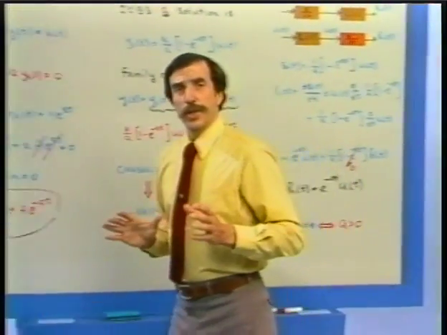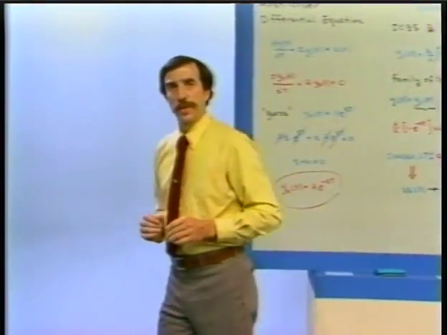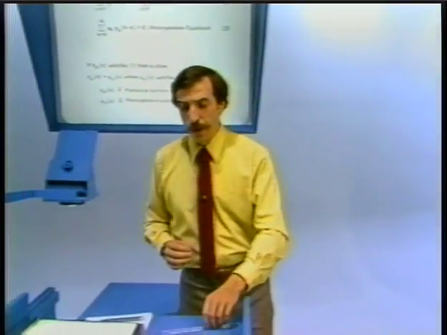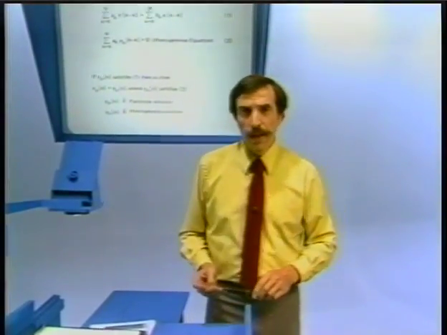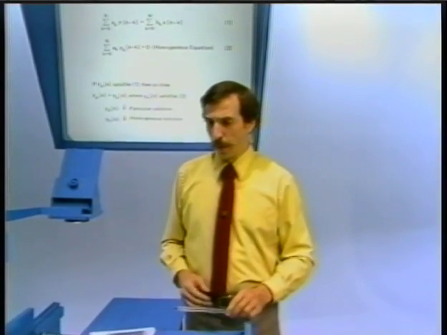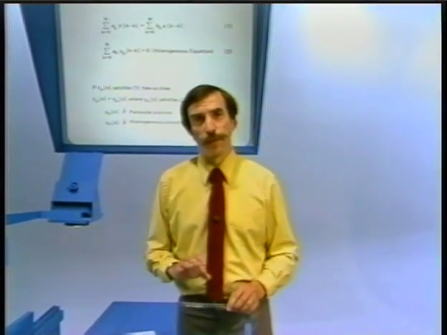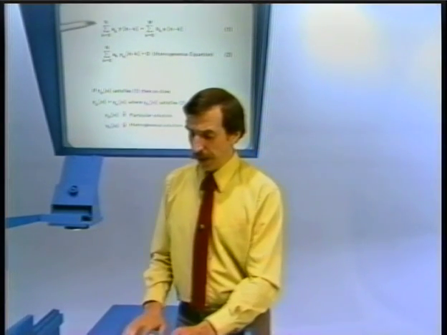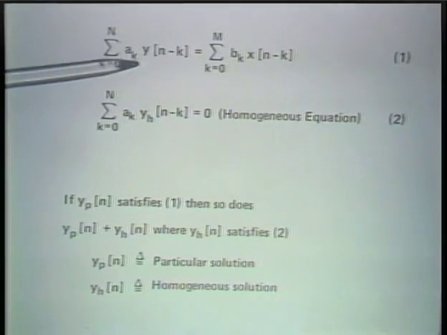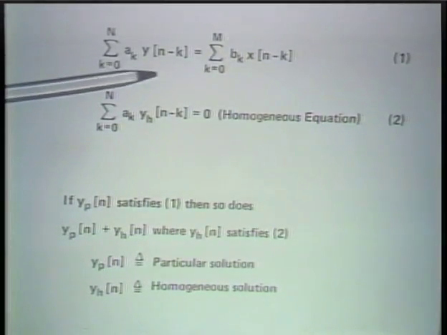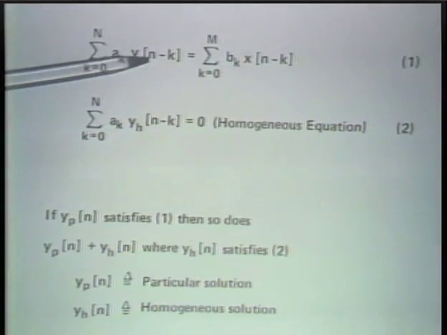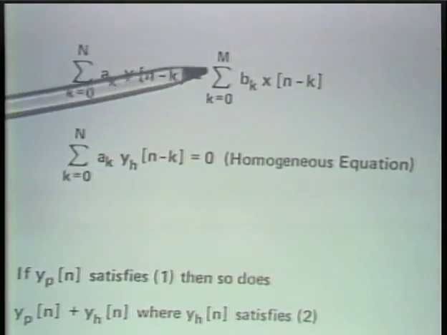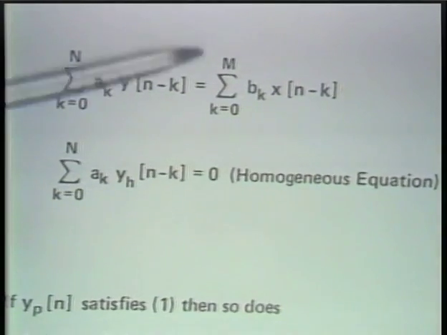Now, pretty much the same kinds of things happen with difference equations as we've gone through with differential equations. In particular, again, let me remind you of the form of an nth order linear constant coefficient difference equation. It's as I indicate here, and again, a linear combination, this time of delayed versions of the output equal to a linear combination of delayed versions of the input.